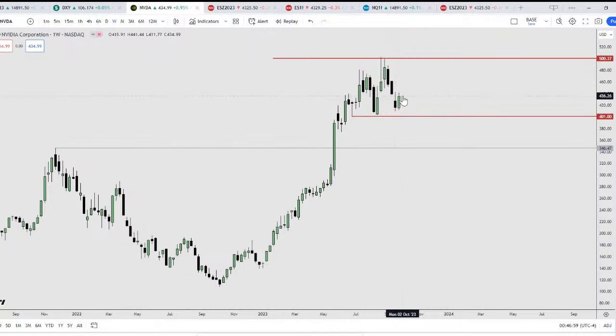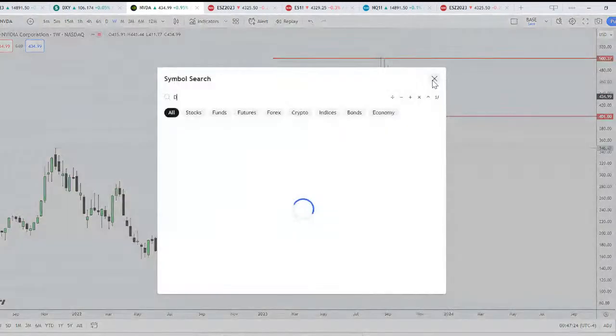So I'm expecting an expansion, a huge candle, next or the following one. So two more. Within these two candles, there will be a big, huge candle. Okay, and I'm expecting it to be to the downside. Okay, that is for Nvidia.